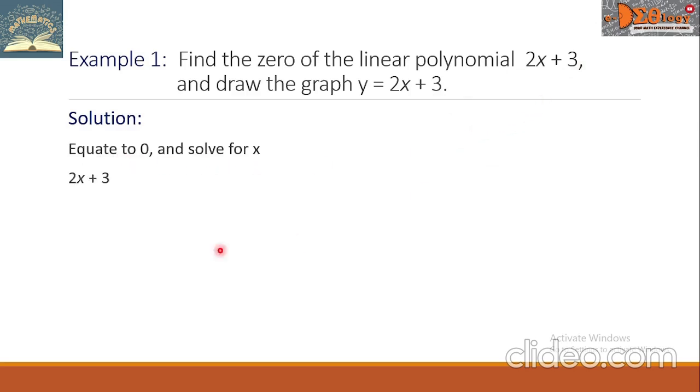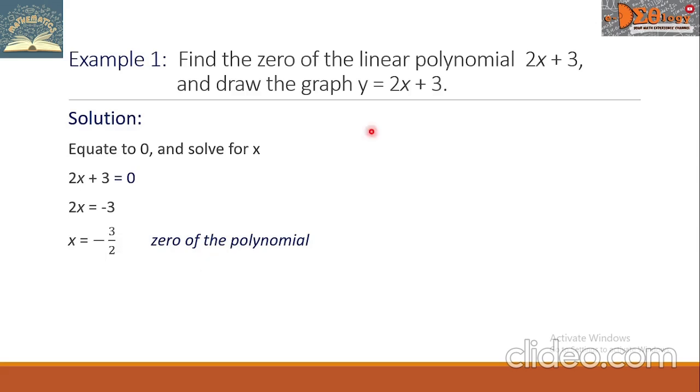So we write 2x plus 3 equals 0. Trying to solve for x, let us isolate the x here. The positive 3 we transpose to the right, it becomes negative 3. Then we divide this equation by 2. The value of x equals negative 3 over 2. This is the zero of this linear polynomial.